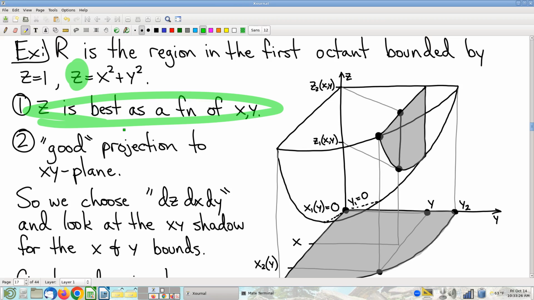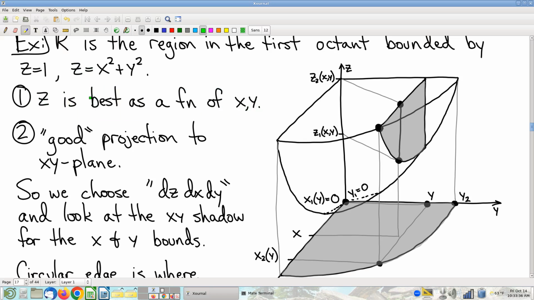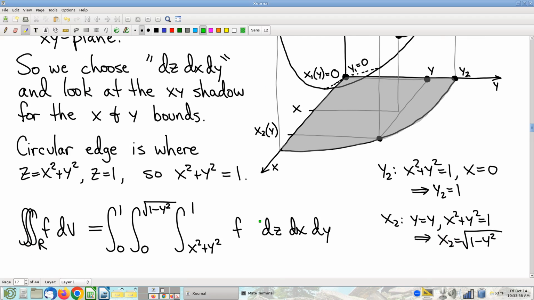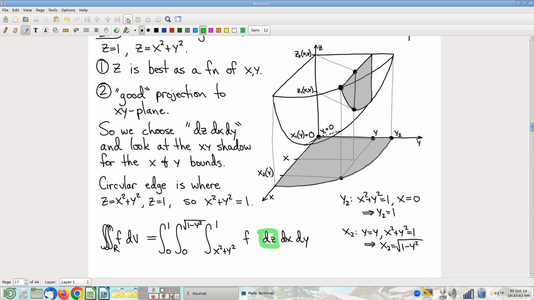It's not that you can't, it's that I don't want to, and I suspect you don't want to either. So we're going to put dz on the inside, like so. Everybody happy so far? Okay.